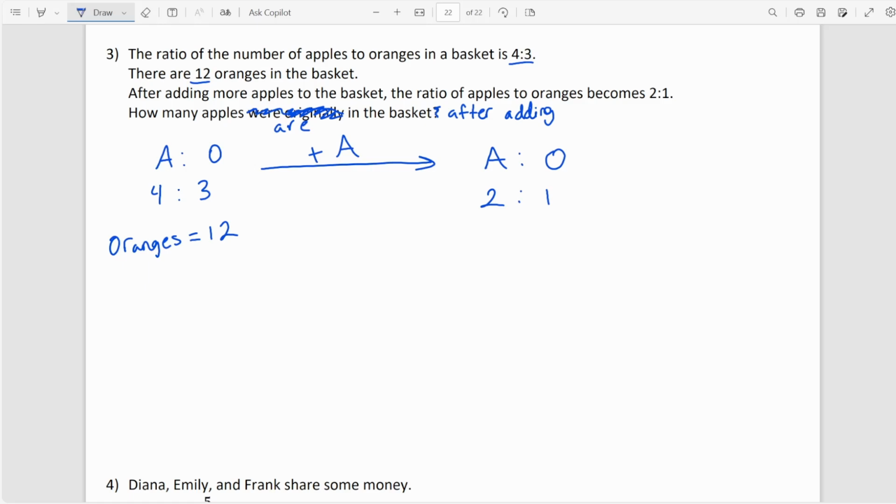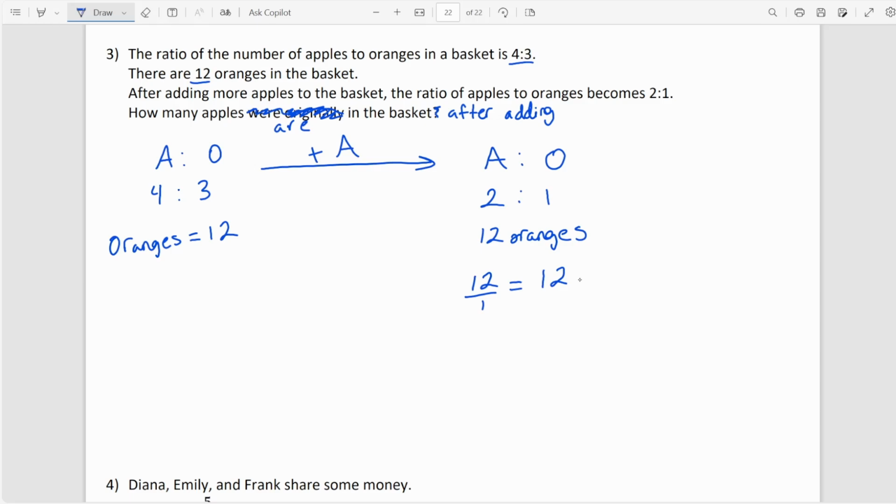Now, if we take a look over here, we know that the previous number of oranges was 12, and I only added apples, which means over here I will still have 12 oranges. The number of oranges never changed. So now I want to figure out how much each part represents by dividing 12 by 1, because 1 part orange, which just gives you 12.